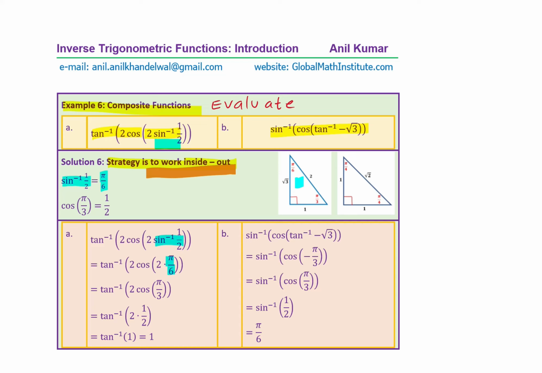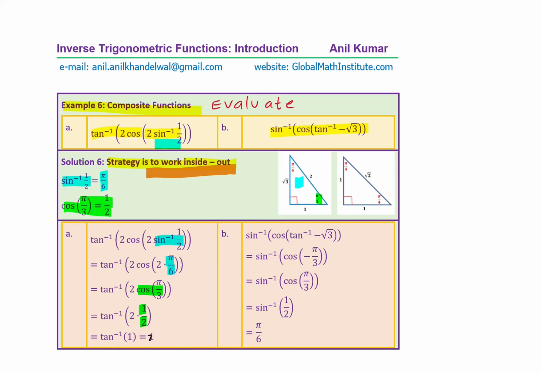So then, what do we get? Well, we get cos of pi by 3. The value of cos of pi by 3 is half, as shown here. So we're going to substitute this by half, and then we get tan inverse of 1. And tan inverse of 1 is pi by 4.